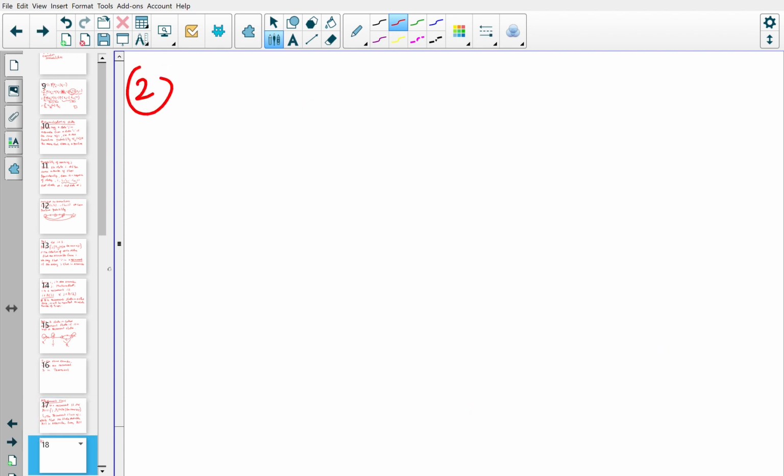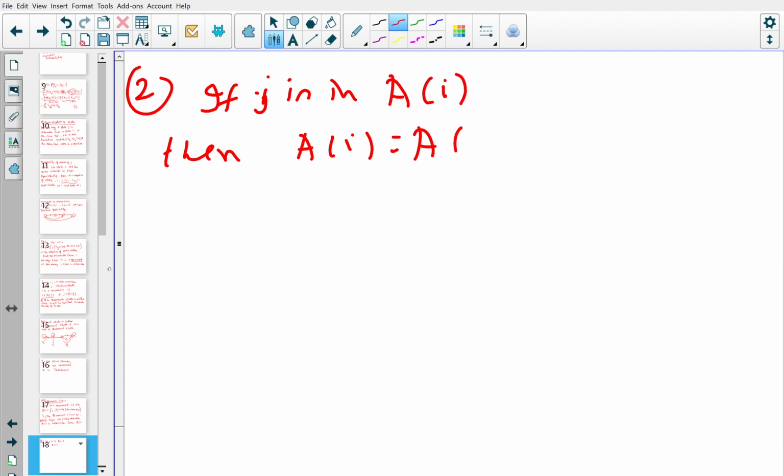Property number two: if j is in A_i, the recurrent class of i, then A_i and A_j are the same.